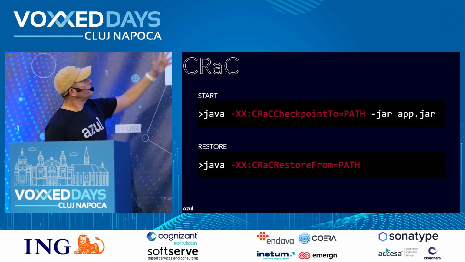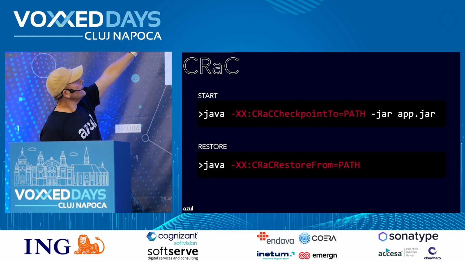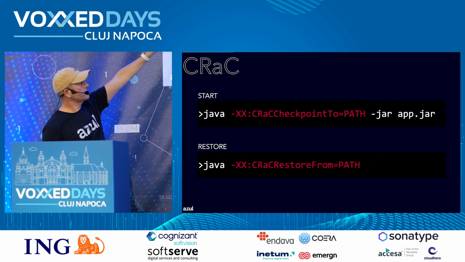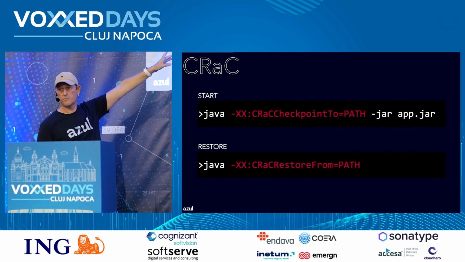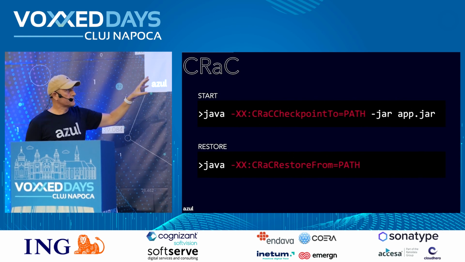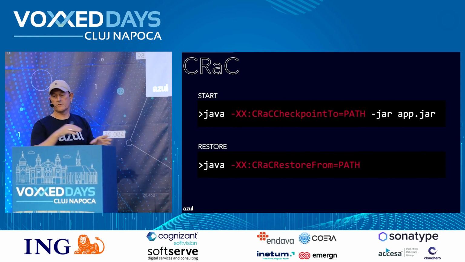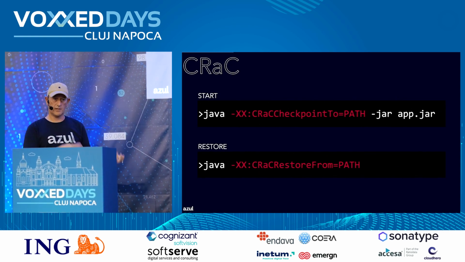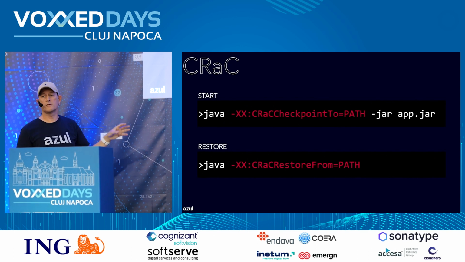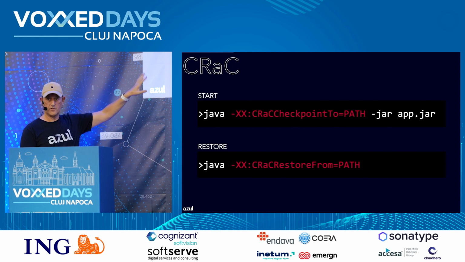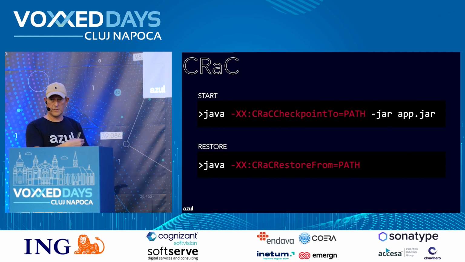And we have two parameters when you start it, which is -XX:CRaCCheckpointTo=path. This path means we just pass this parameter to the JVM, and in case there's a checkpoint, the JVM knows where to store the checkpoint. It's just a folder, you define it, and then the JVM knows once there's a checkpoint triggered, I will store the checkpoint in this path.